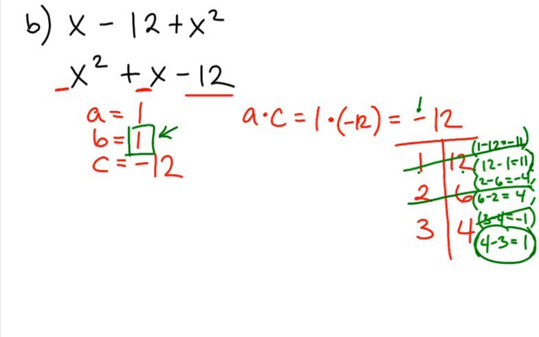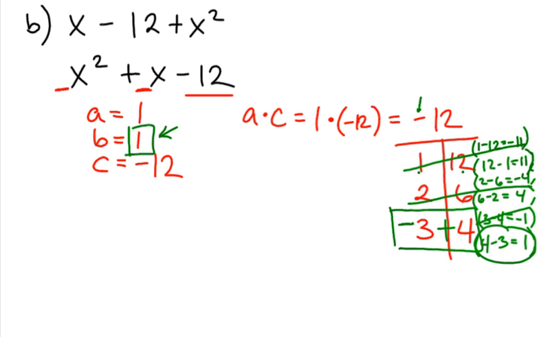So you can think of it as negative 3 plus 4, gets 1, and negative 3 times 4 makes negative 12. So those are the two numbers I'm looking for. When you have a negative there on the end, you have to be very careful about which one is going to be negative and which one's going to be positive. We'll get more practice with that in class too, because I know that can be confusing.